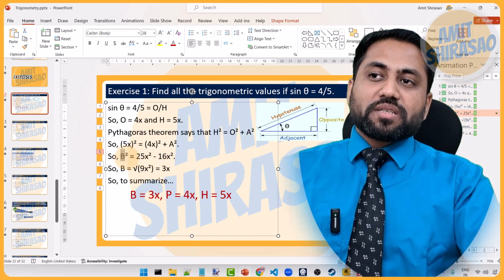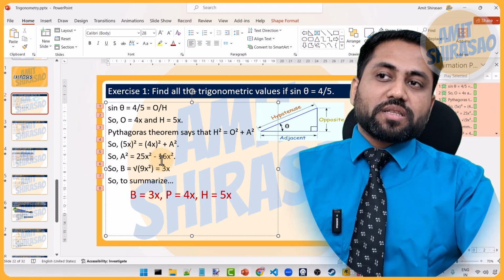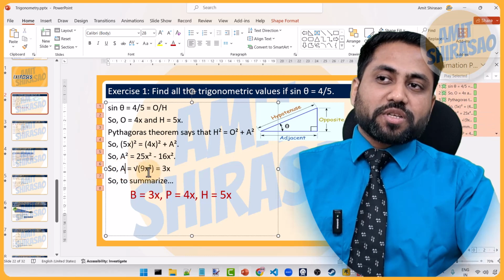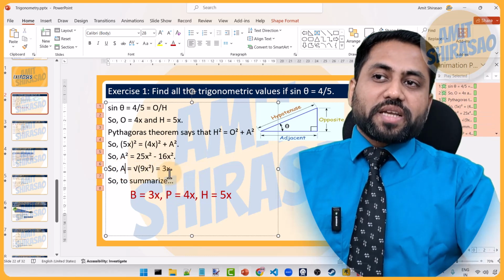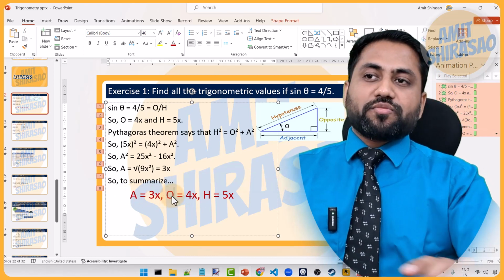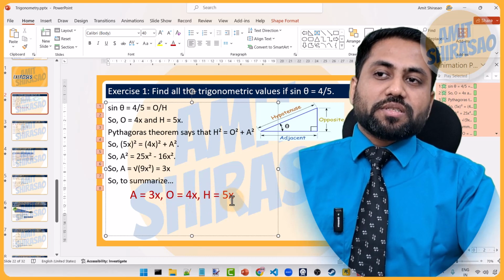So adjacent square is equal to 25x square minus 16x square, and then adjacent will be 3x. So your adjacent is 3x, your opposite is 4x, and your hypotenuse is 5x.